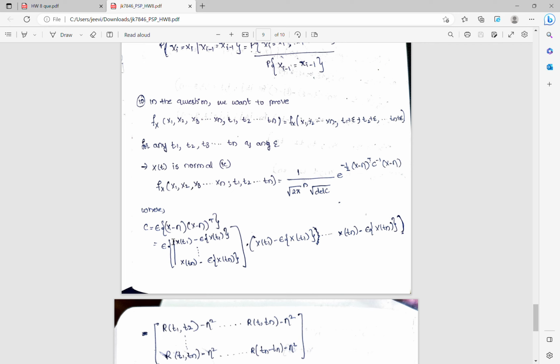Therefore, this is equal to expected value of x of t1 minus expected value of x of t1 and so on till x of tn minus expected value of x of tn.